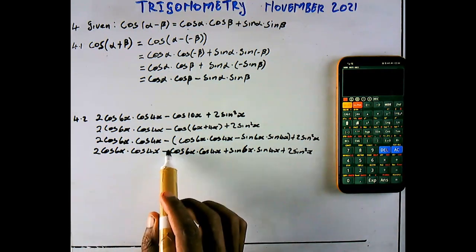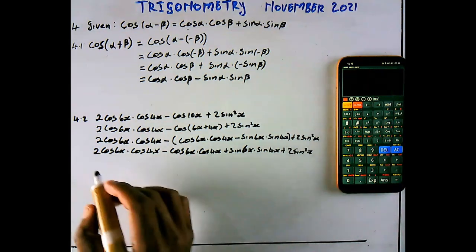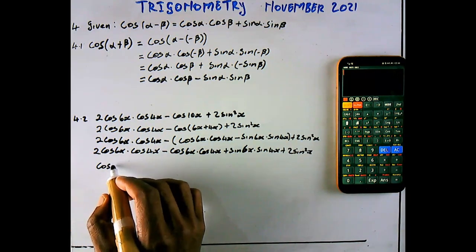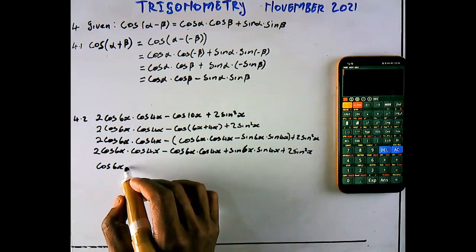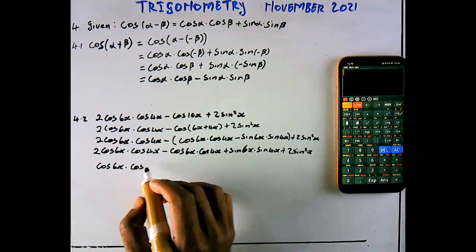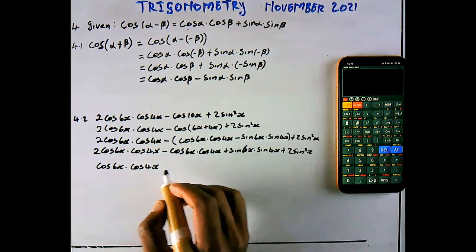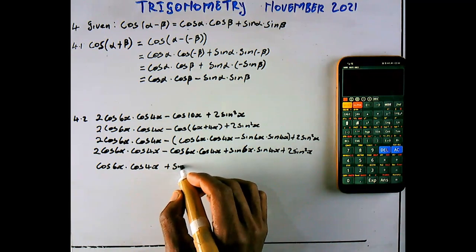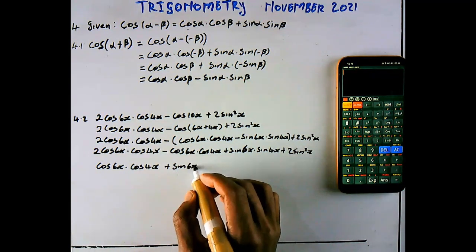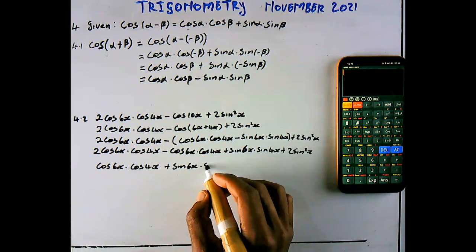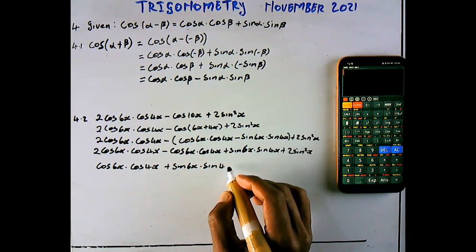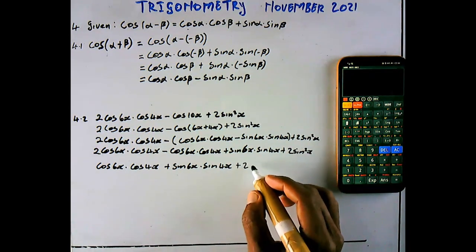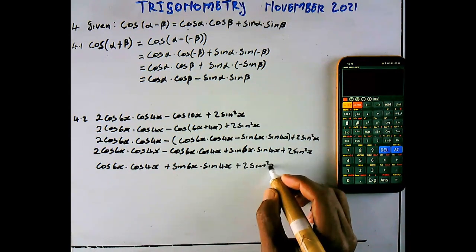Here is 1, here is 2, so we are left with cos 6x times cos 4x plus sine 6x times sine 4x, plus the 2 sine squared x.